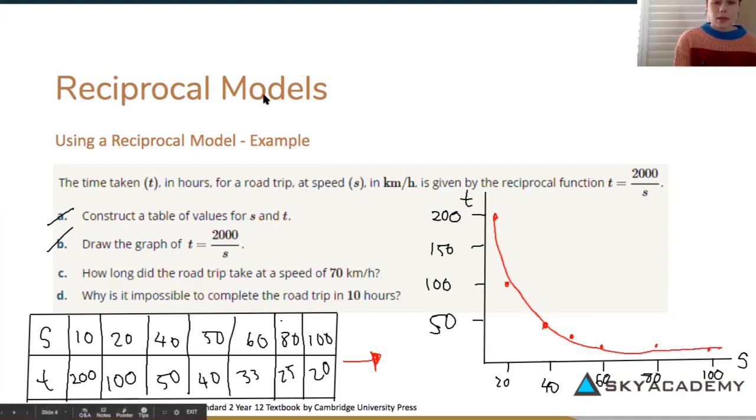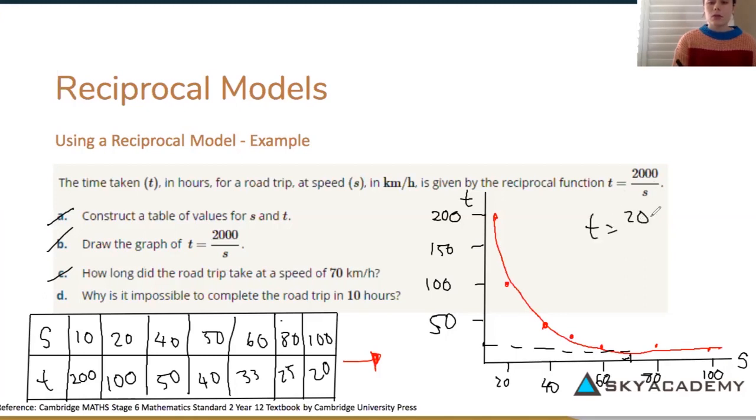Question C, how long did the road trip take at a speed of 70 kilometers per hour? So speed is down here, so 70 would be about here. So maybe around 30 hours if we were to go across. And I'm just going to check that by substituting S as 70. So T equals 2,000 over 70 because that's our speed.